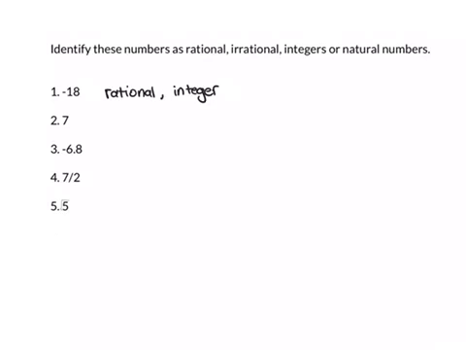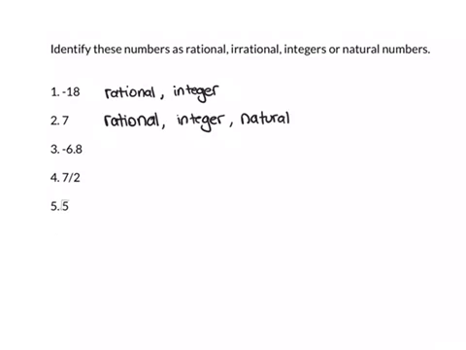Alright, number 2, that one's also rational by the same definition as we used earlier. And it's also an integer because it's a whole number. And since it's a positive integer, we know it's also a natural number. Alright, great. Next is negative 6.8.